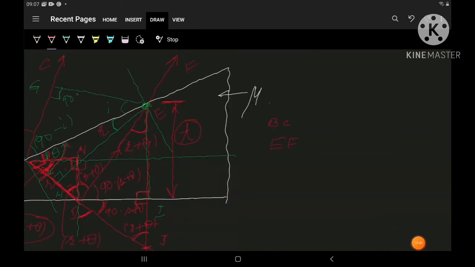So here your figure has been completed. Hello dear all. Now let us see the derivation to find the path difference between BC and EF.